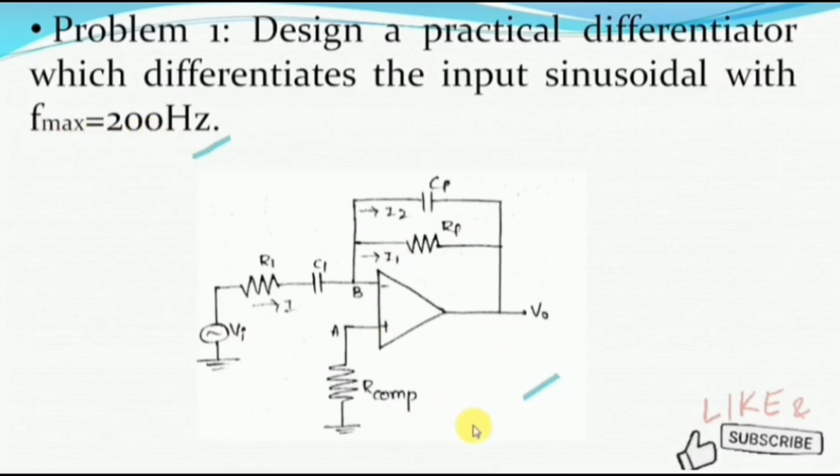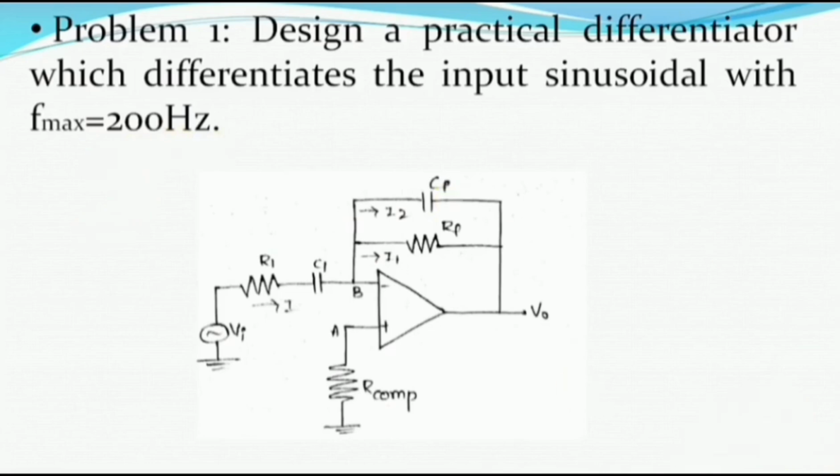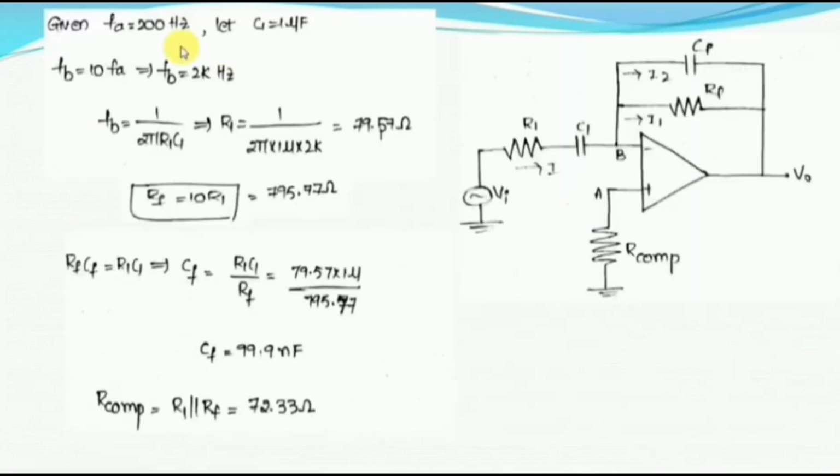In order to design the practical differentiator, the first step is to choose the cutoff frequency FA, which is equal to the maximum signal frequency F max. Here FA is 200 Hz, and we assume the capacitor value C1 as 1 microfarad.